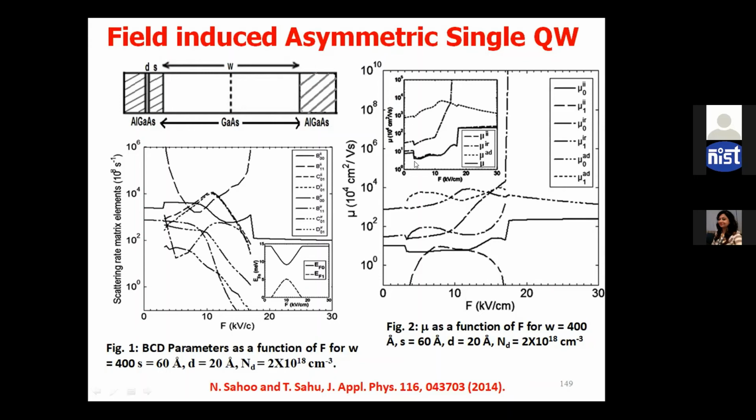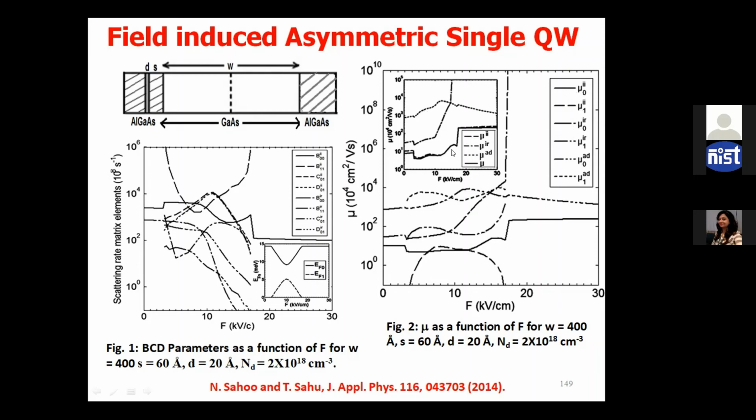That oscillatory behavior arises due to the Fermi terms, EF0 and EF1, that is, EF minus E0 and EF minus E1. As F increases, EF0 and EF1 behave like a cusp shape, and that leads to this oscillatory behavior.